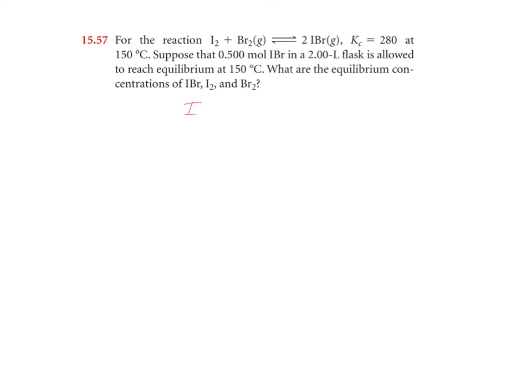So in this problem, they start by giving us your equilibrium constant and saying that we have an initial amount of our product. Since we're given an initial amount of product here, but they're asking about equilibrium values, we have to do an ICE chart.